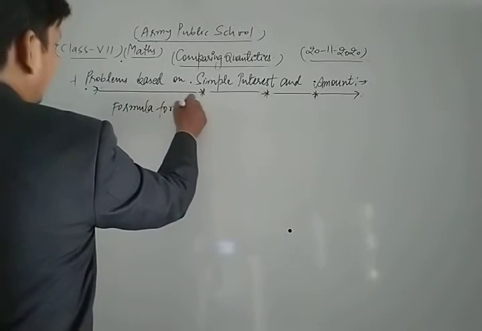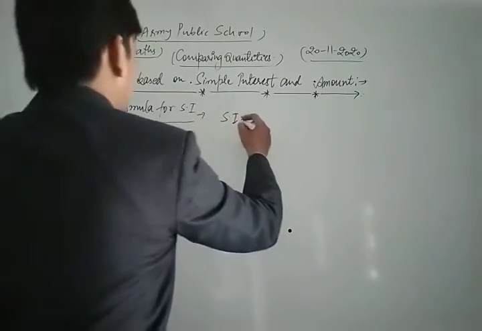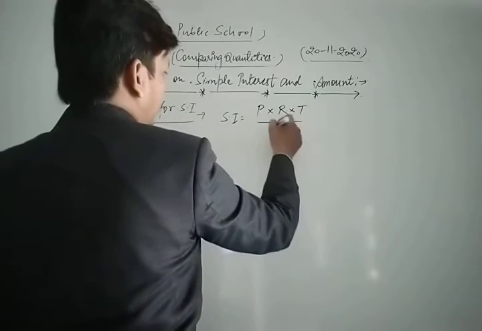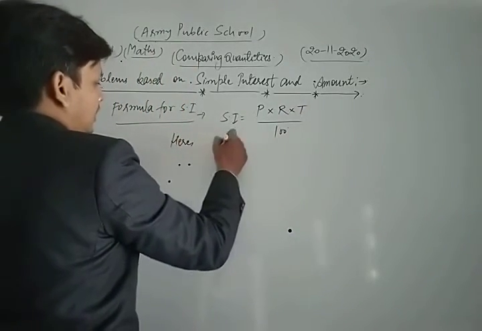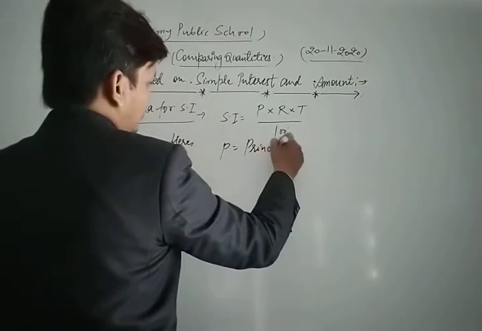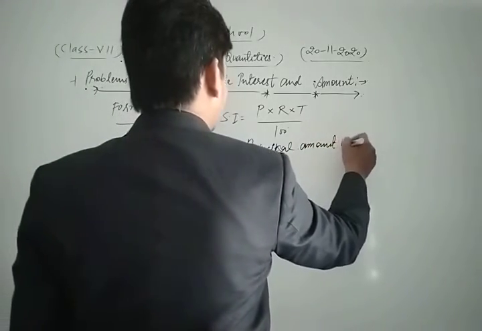The formula for simple interest is: simple interest is equal to P into R into T upon 100. Here P is the principal amount or value.